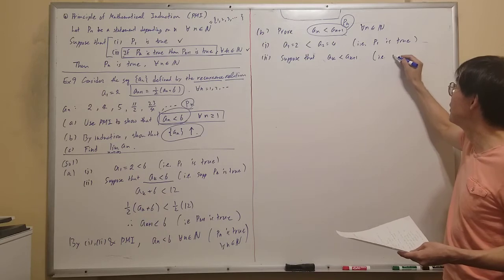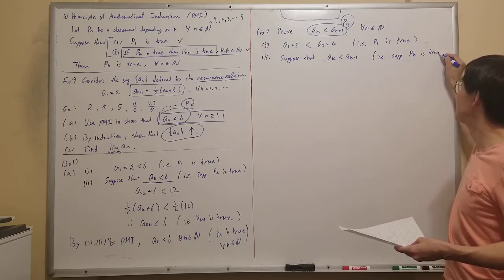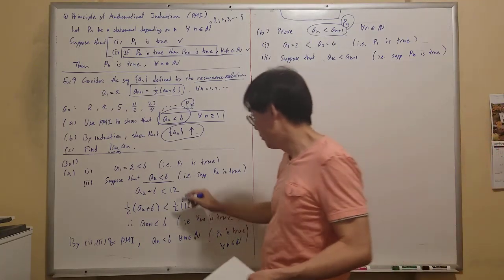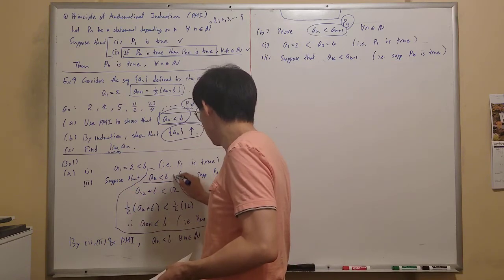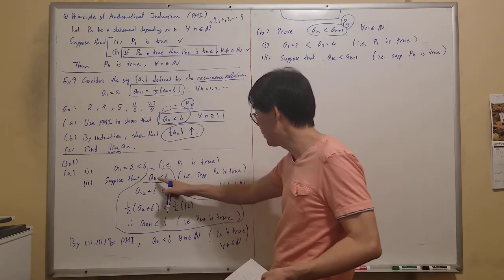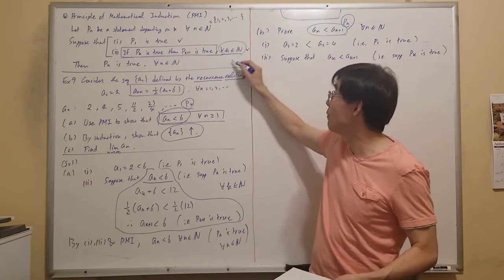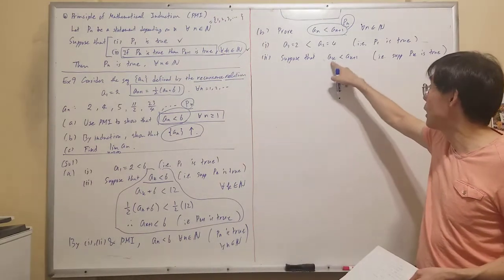By the way, this logic works for all k. It does not depend on a specific value of k. So we just prove this one for all k. So here, for any positive integer k, let's say this is true.